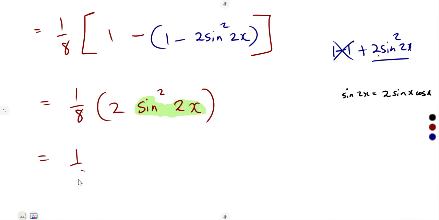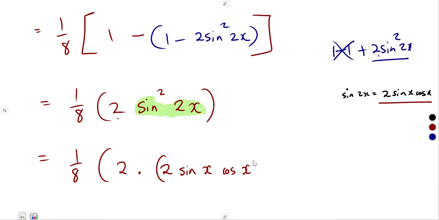So it was going to be 1 over 8 into what? The 2 is not affected. So it's 2 times the sine of 2x, which is the one that we are substituting here. The sine of 2x, which is 2 sine x cos of x. But it must be squared.